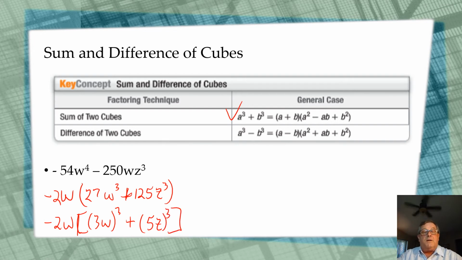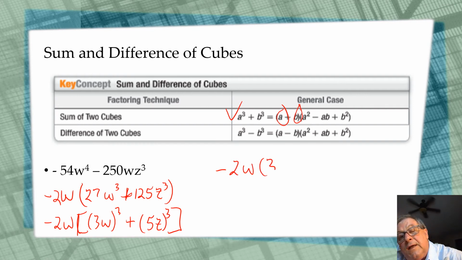Now I've got a sum of cubes, where 3w is my a factor and 5z is my b factor. Let's continue. I've got negative 2w times 3w plus 5z.